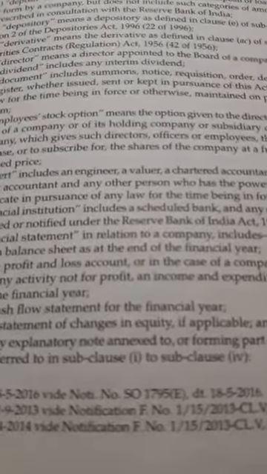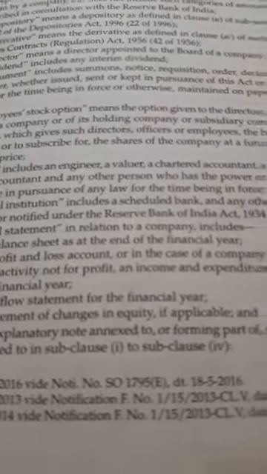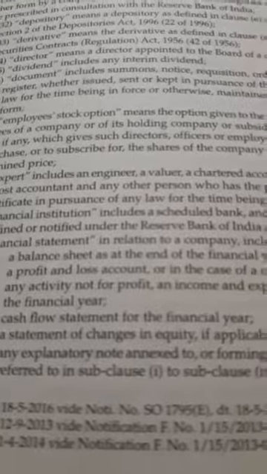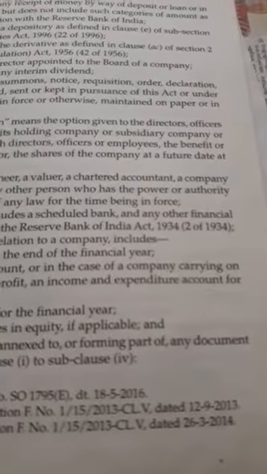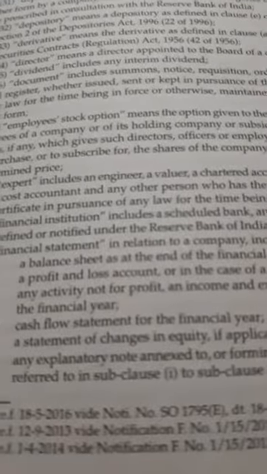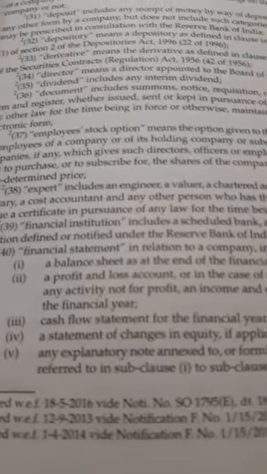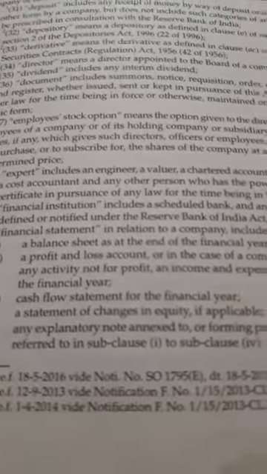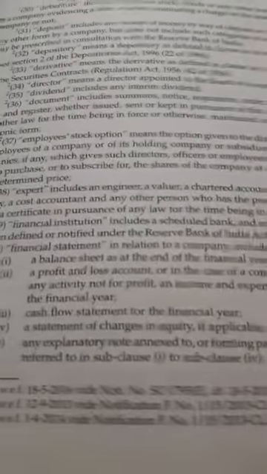For a company carrying on non-profit activity, that profit and loss account is substituted by an income and expenditure account. In such a case, the income and expenditure account is included in the financial statements. Then the cash flow statement for the financial year and a statement of changes in equity, if applicable.